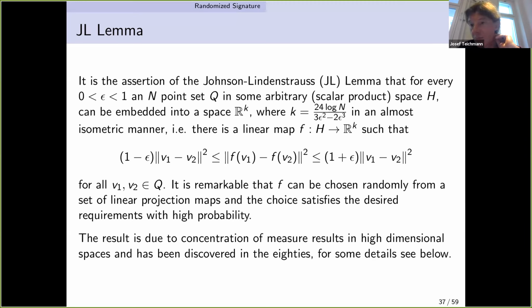So the take-home message of the Johnson-Lindenstrauss lemma is that n-point sets can be embedded in log n dimensional spaces almost isometrically.